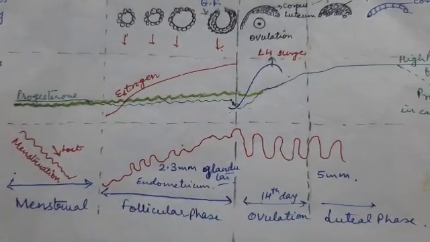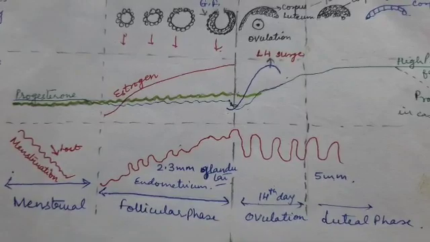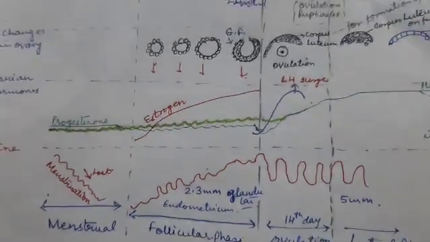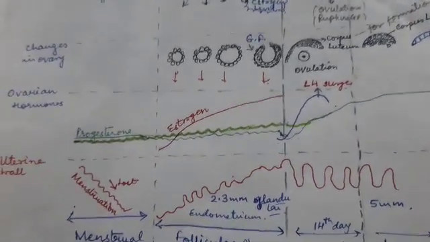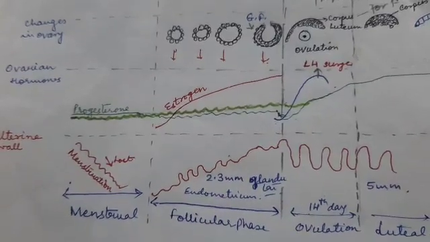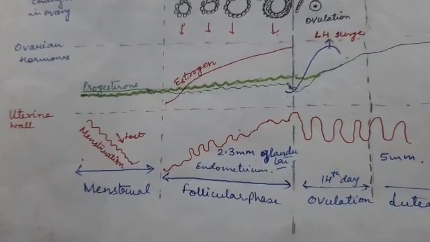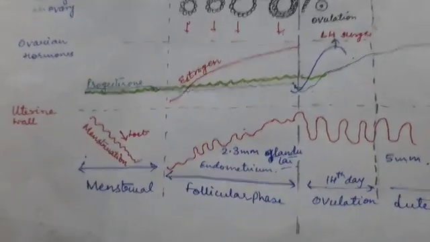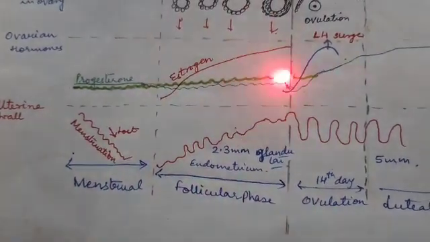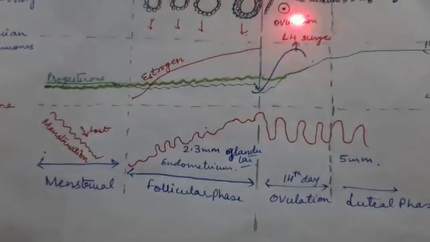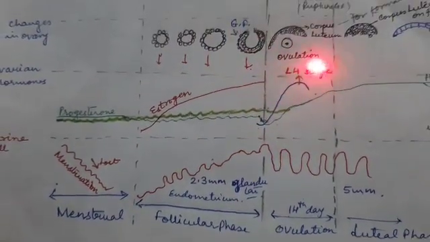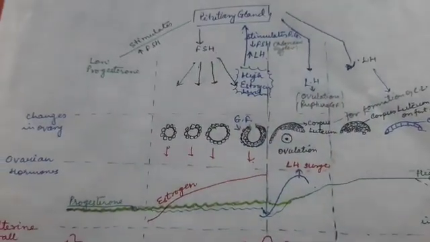So what has happened? From the Graafian follicle the egg has been released, and this changes to corpus luteum. Now the formation of corpus luteum again requires LH. So here Graafian follicle, you see, changes into corpus luteum and LH is required.